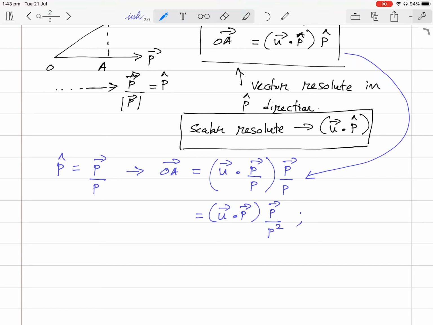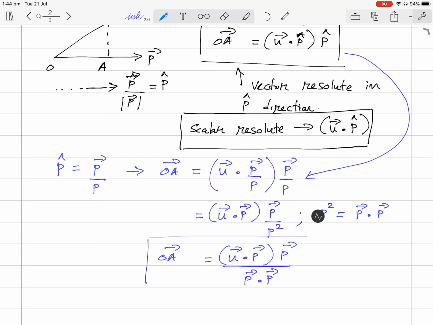So what is p squared? It's very important to understand what is p squared. If you know vectors, p squared is nothing but p vector dotted with p vector. So also you can write this as u vector dot p vector times p vector divided by p vector dot p vector. So this is your OA.